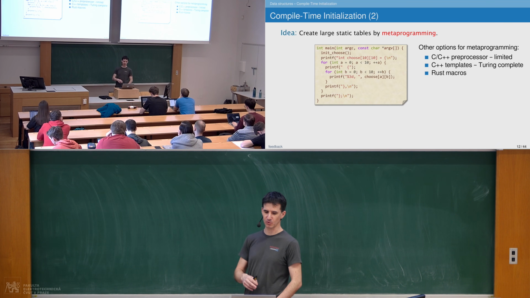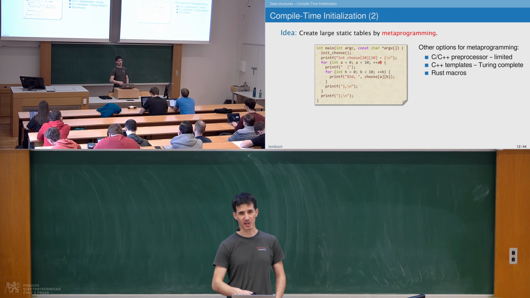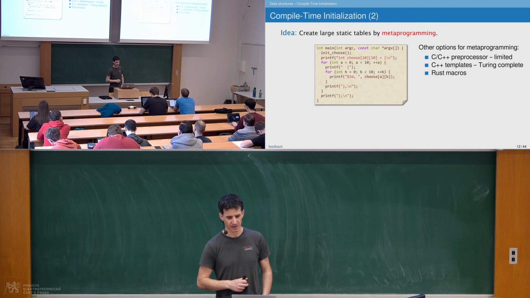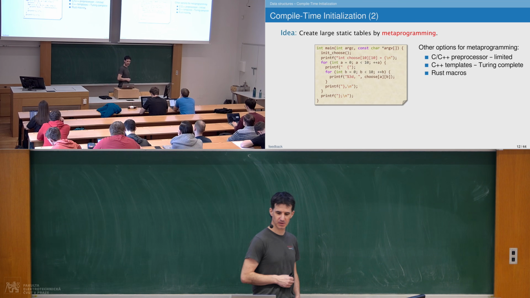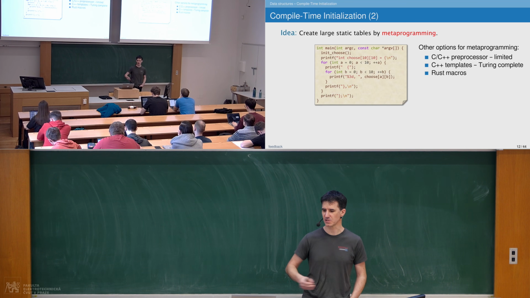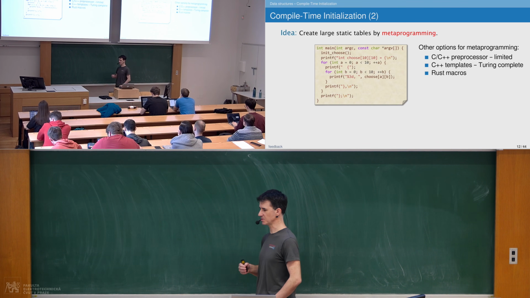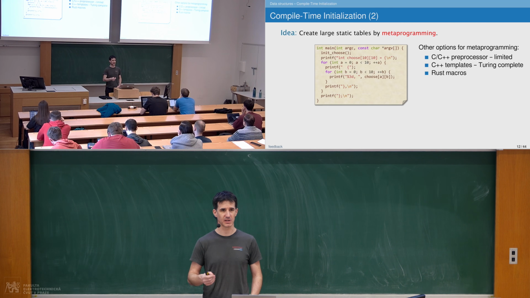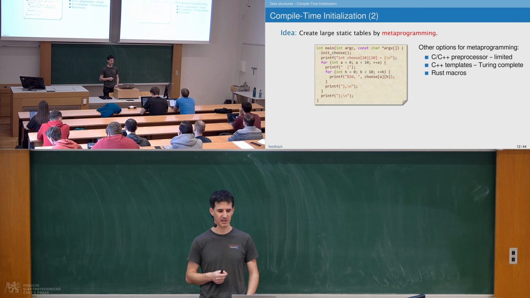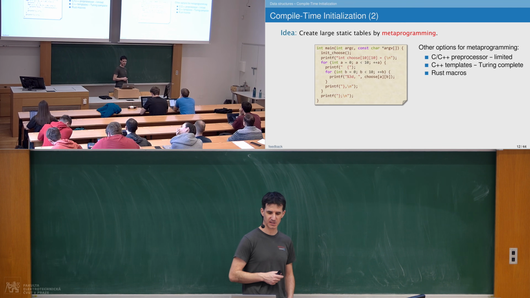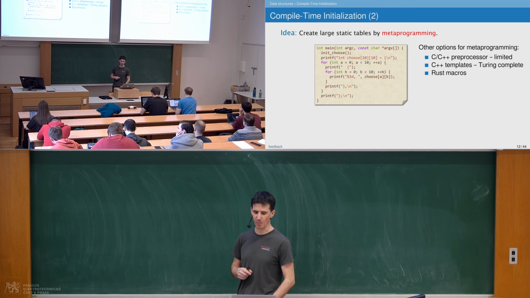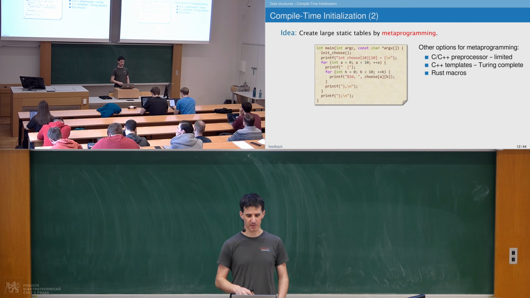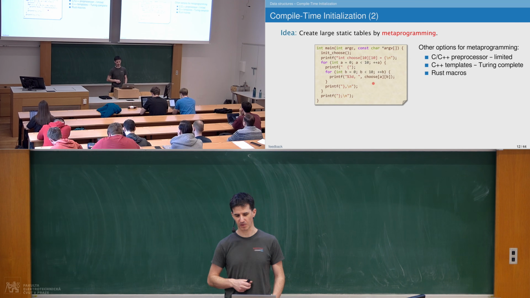The compiler will automatically pre-compute the table during compilation. Similarly, Rust has very nice macros. These are not like C and C++ based macros where they can just replace pieces of text. In Rust, macros can operate on syntactic data structures of the compiler, and so it's a very powerful tool for all these kinds of meta-programming.